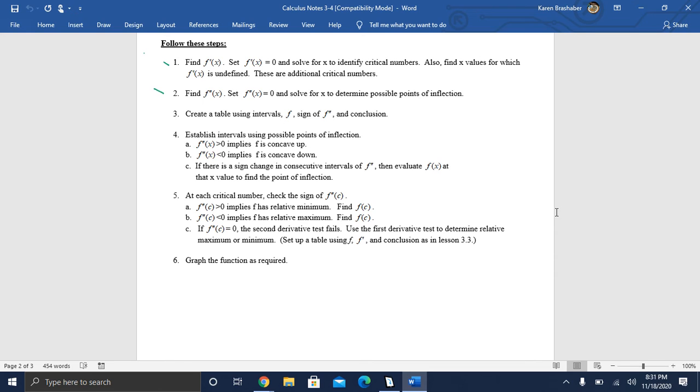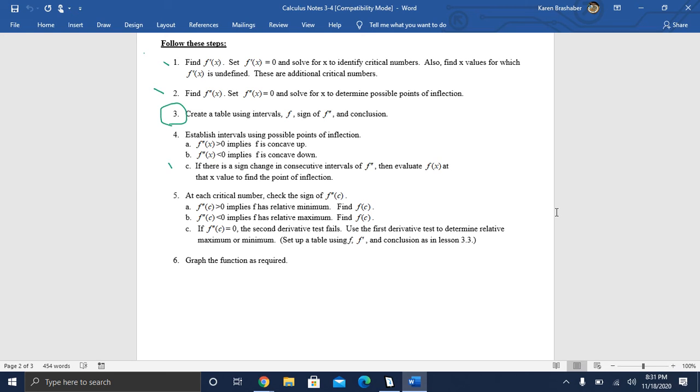If you're just focusing on concavity, then you'll create tables that will include your intervals, the sign of f double prime, and then your conclusion or your characteristics of f. And then this is just kind of a repeat of what we established before.